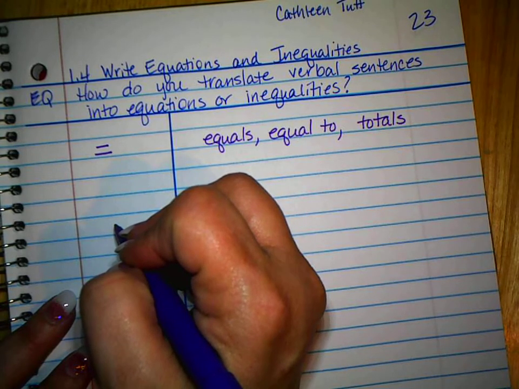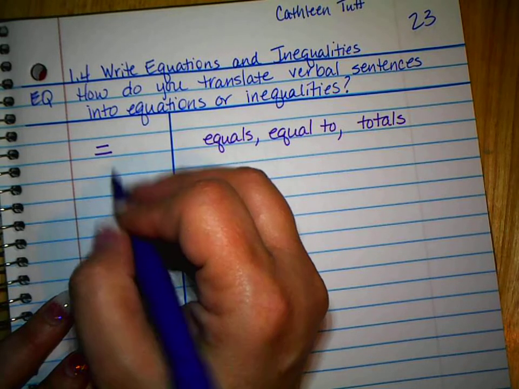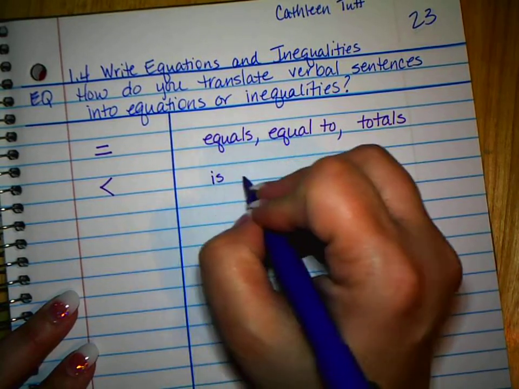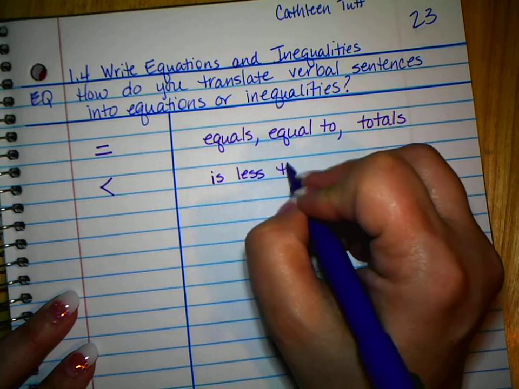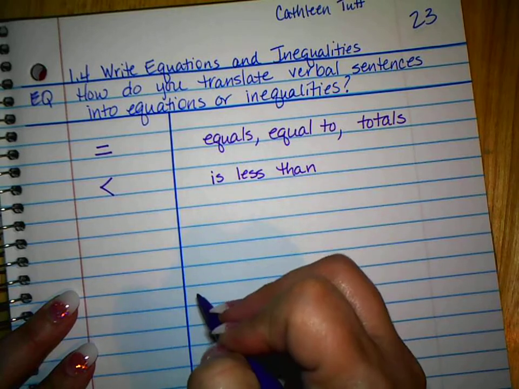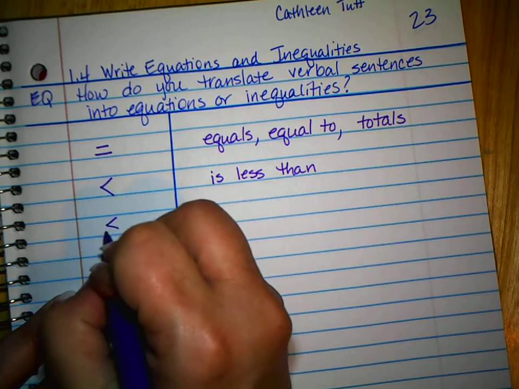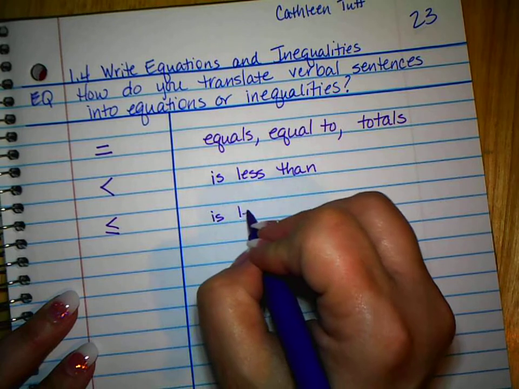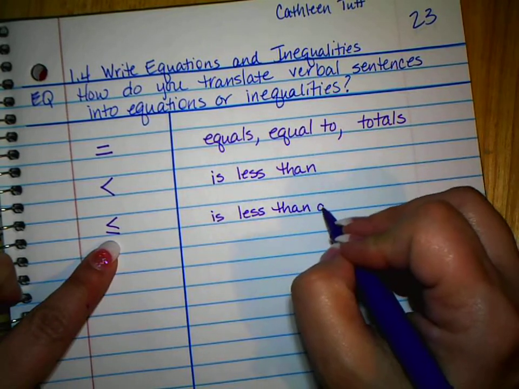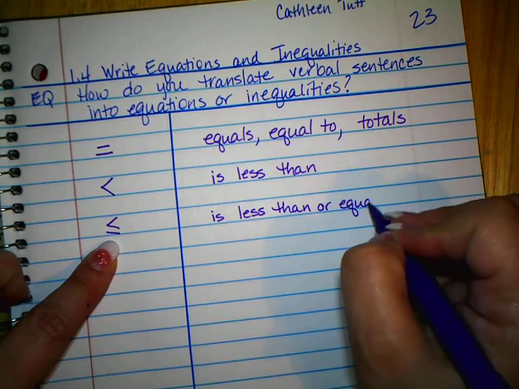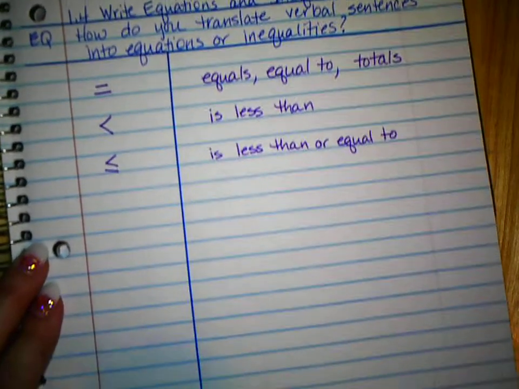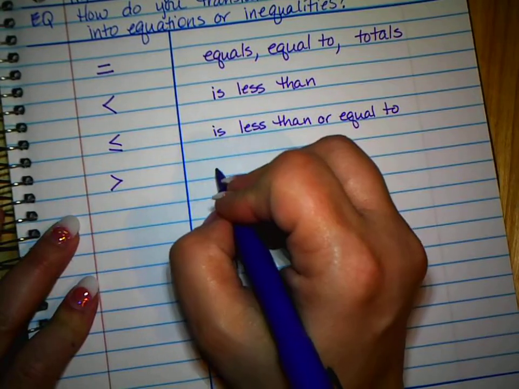Then we have is less than. This one is less than or equal to, because it has the line. And if we have those two, then we have to have the other version.